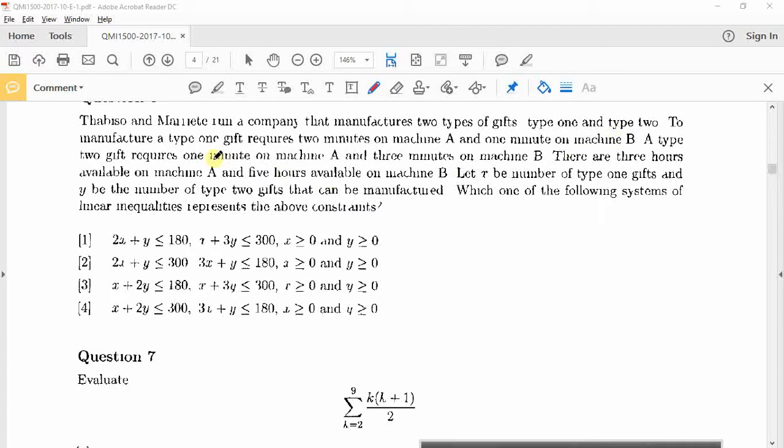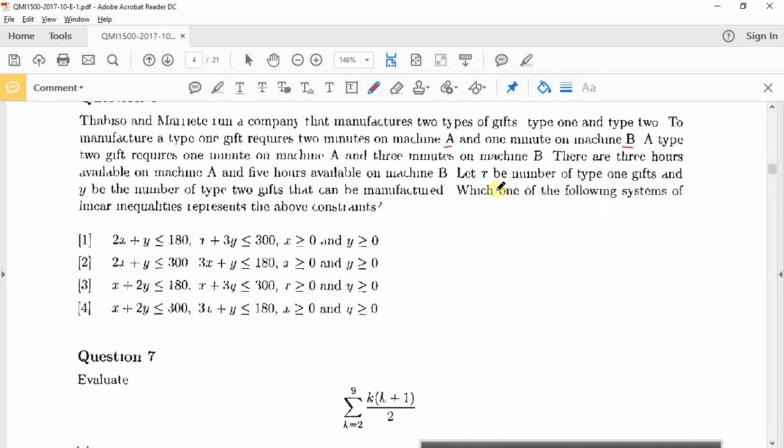To manufacture a type 1 gift requires 2 minutes of machine A and 1 minute of machine B. A type 2 gift requires 1 minute on machine A and 3 minutes on machine B. There are 3 hours available on machine A and 5 hours available on machine B. Let X be the number of type 1 gifts and Y be the type 2.